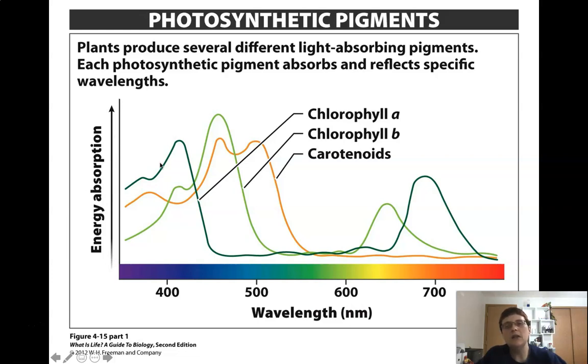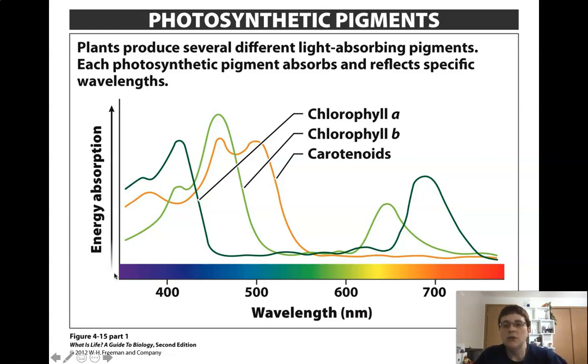So any place there's an increase in the line, any place there's a peak, that means that pigment can absorb that color. For example, chlorophyll A, this dark green one, has an increase right here. It's pretty high, so it can absorb purple.